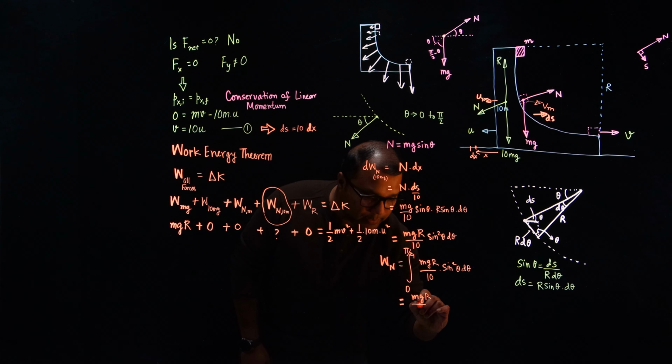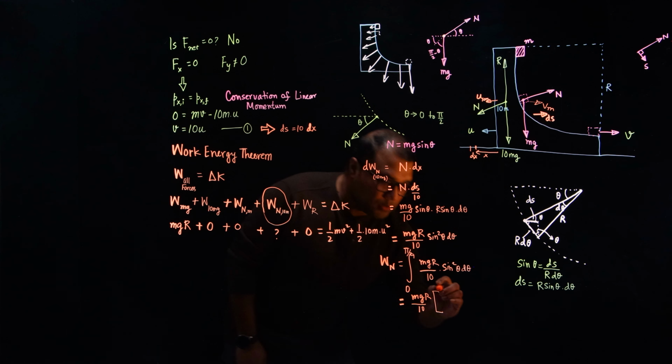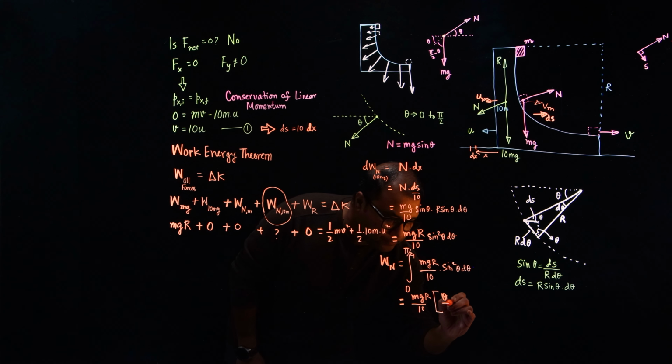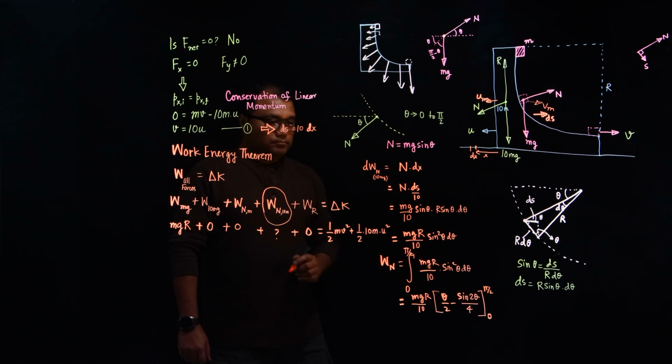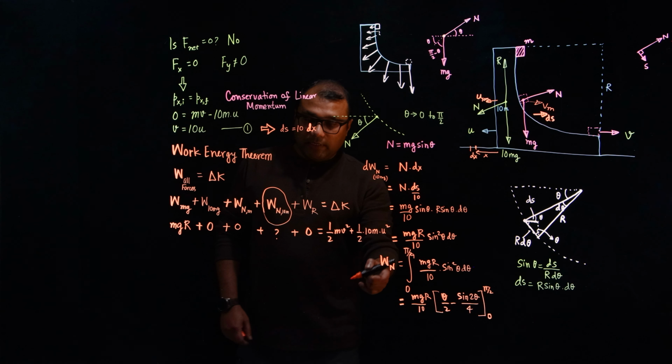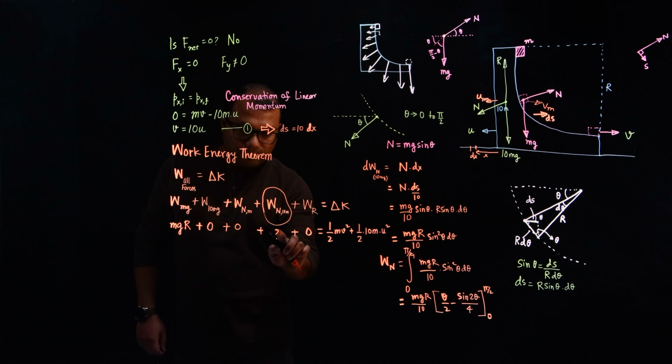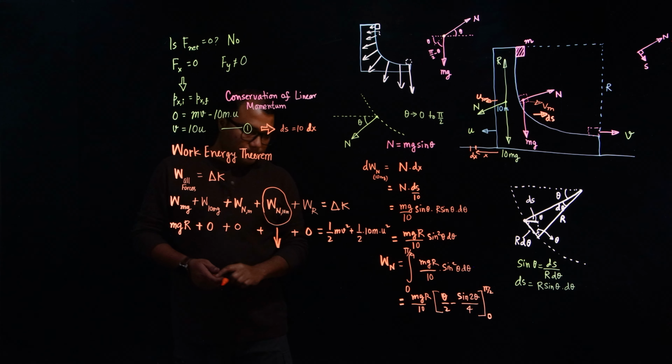mgr by 10 times (theta by 2 minus sine 2 theta by 4), and this range is from 0 to pi by 2. So the work done by this normal force, where we had put a question mark here, because of lack of space I will write it here.